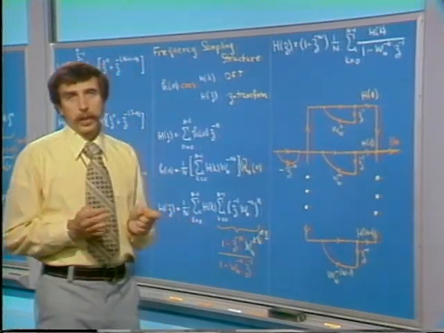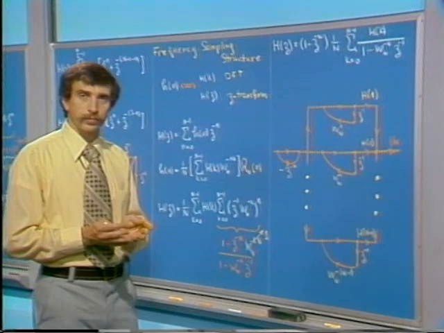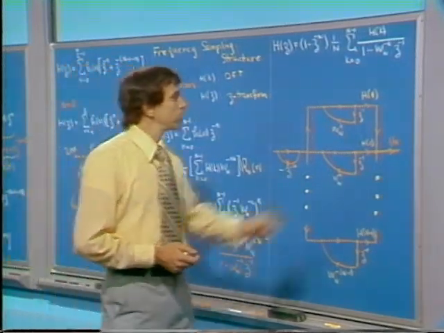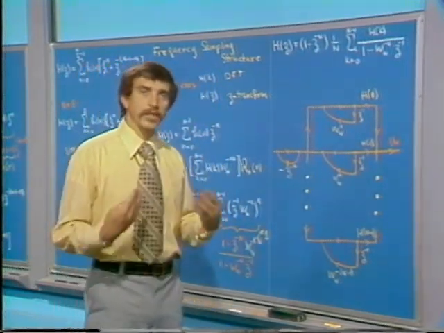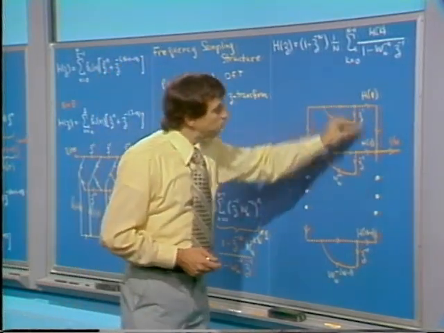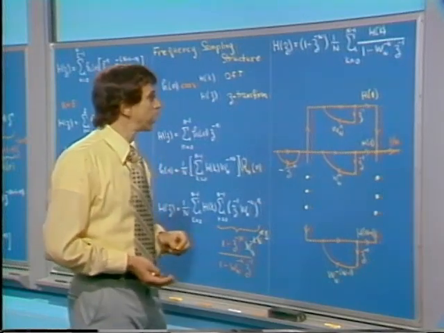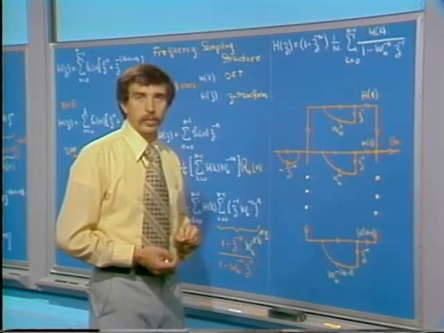Imagine, for example, implementing a very narrow band, low-pass or band-pass filter and specifying the filter in such a way that the frequency samples in band are non-zero and the frequency samples out of band are equal to 0. In that case, most of the coefficients are zero coefficients, and consequently, there will be only a few of these paths that we have to implement.